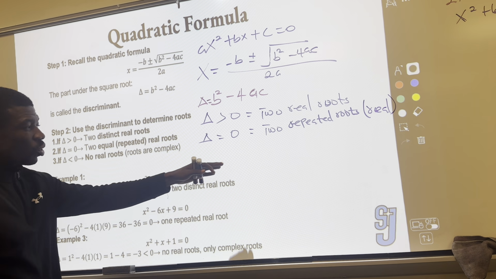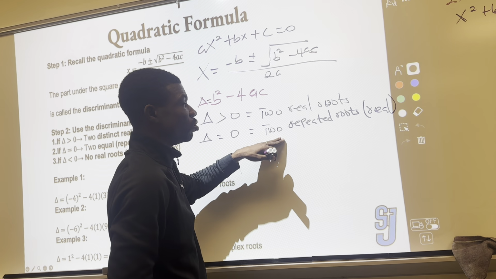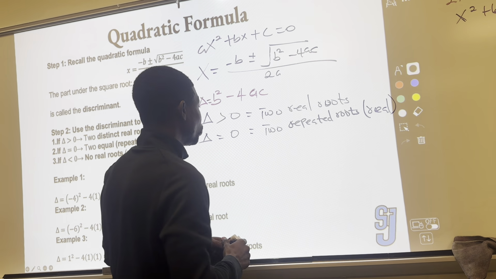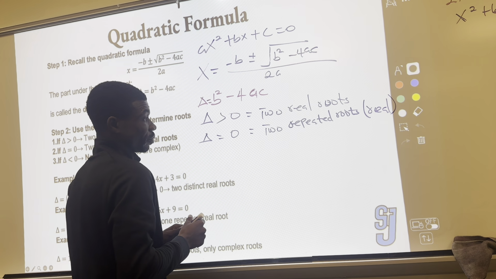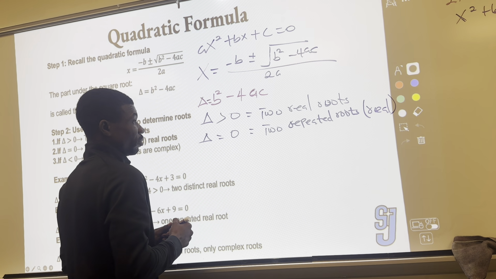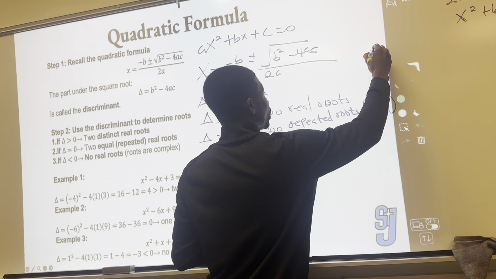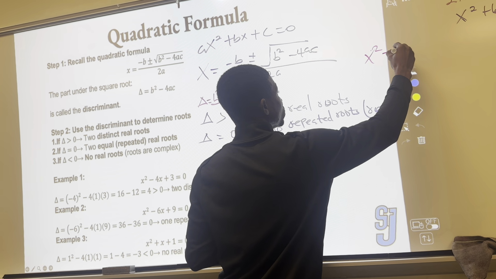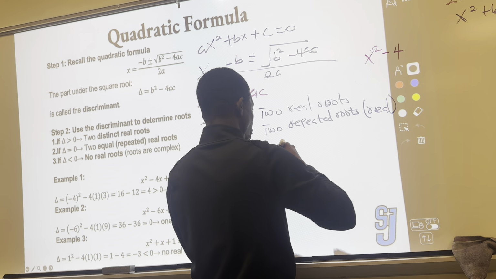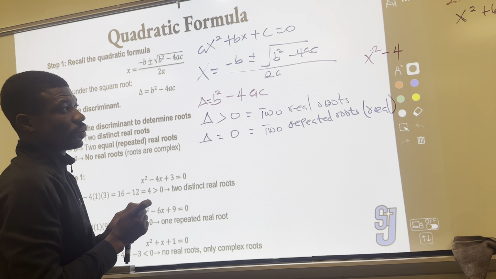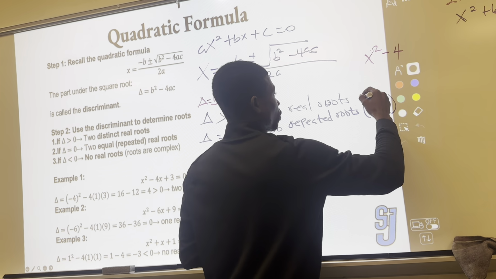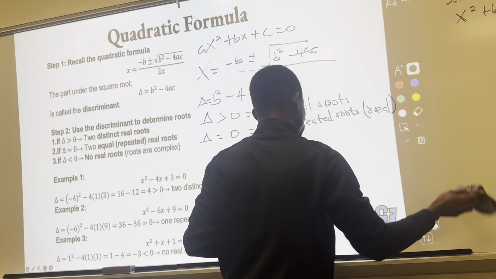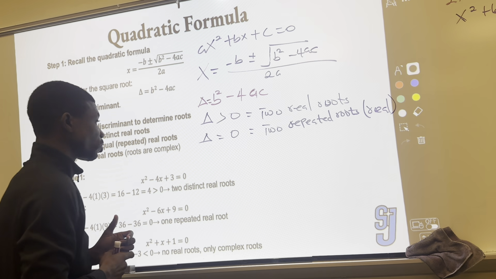Okay, so what do we mean by two repeated roots? For instance, if I have an equation in the form of x squared minus 4. Okay, so let's work on this, then we'll come back to some examples.